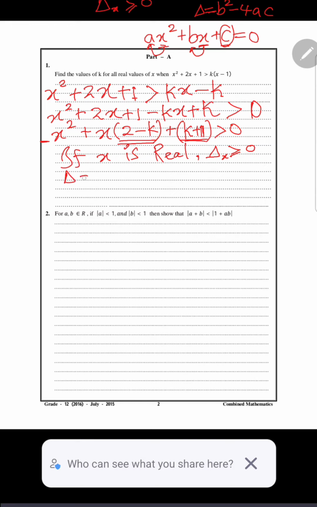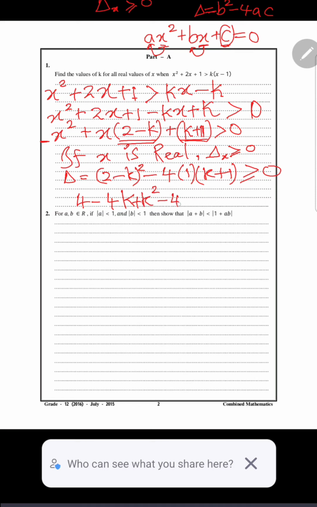So delta is 2 minus k is b, square of that, b square, minus 4 into a is 1, into c is k plus 1. That should be greater than or equal to 0. Now simplify this. 2 minus k whole thing squared gives us 4 minus 4k plus k square.